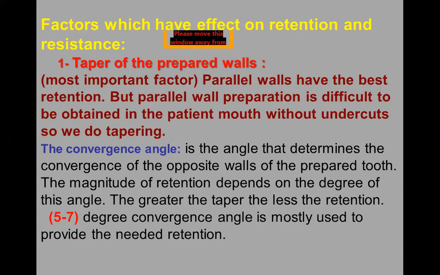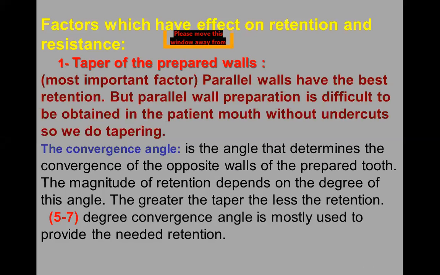So we will go to a slight convergence of the walls, and we will have what we call the convergence angle. We put the walls in a converging way toward the occlusal of the preparation, and this angle is very little.